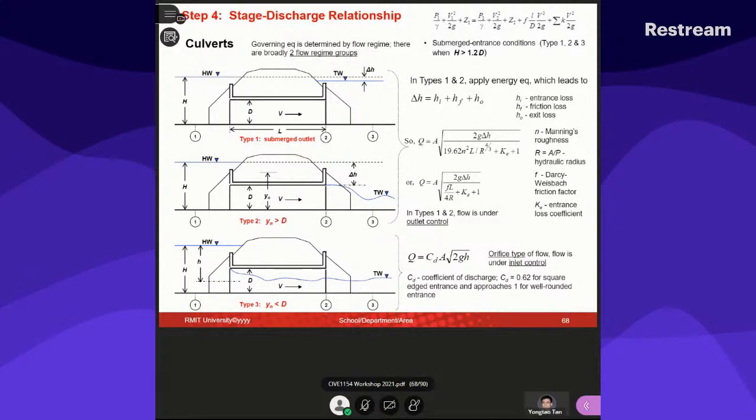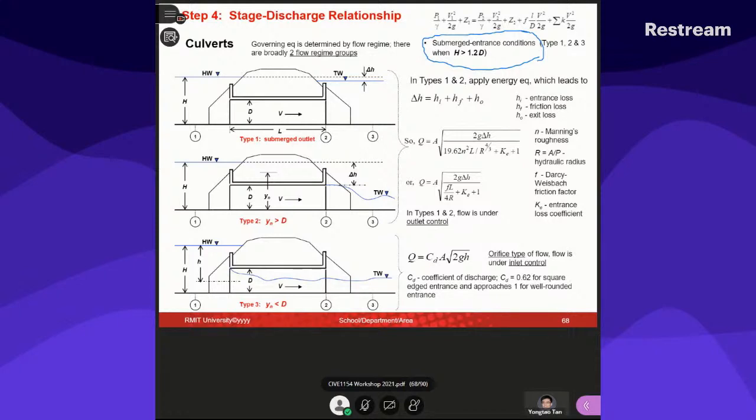So be careful, this is only for the submerged entrance conditions: type 1, type 2, type 3.